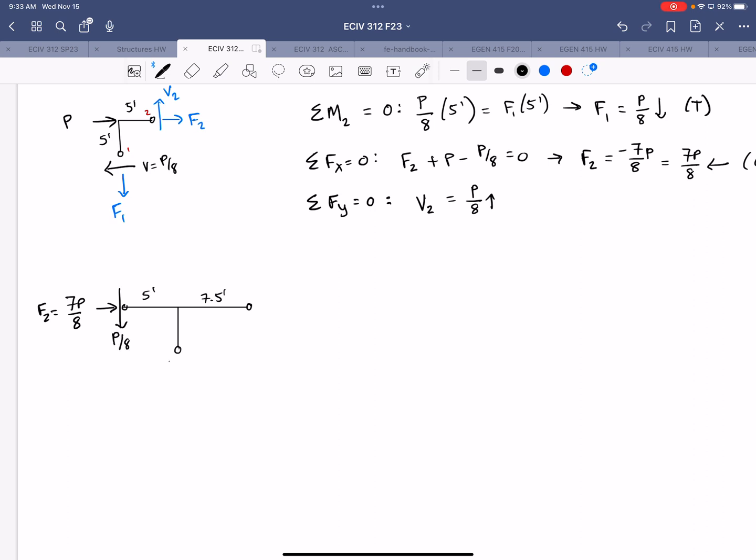We have our shear at hinge 3, which is, say, V3. You don't need to write that. We can just say that's P over 4. All right, and then our unknown forces, we have F3, V3, and that's V4 for hinge 4, V4, and F4.